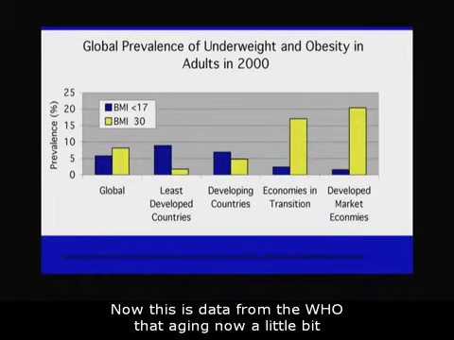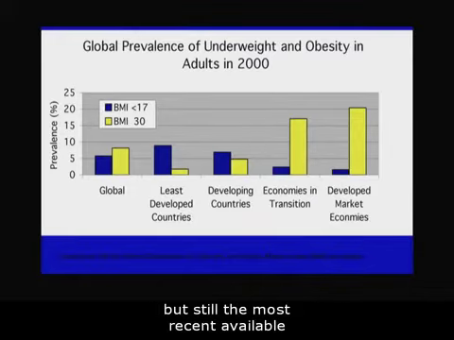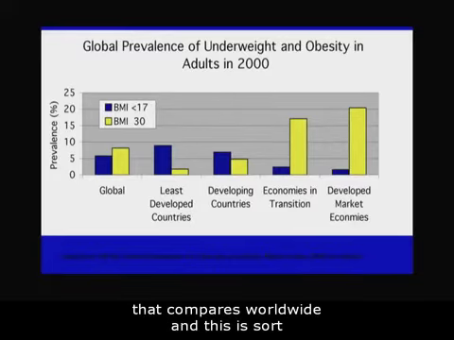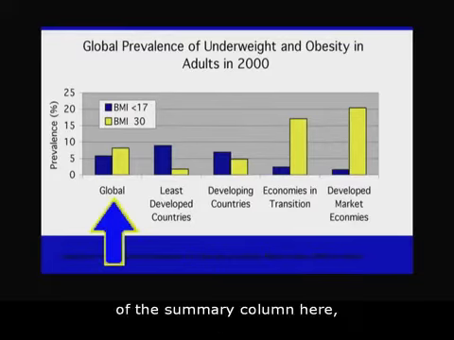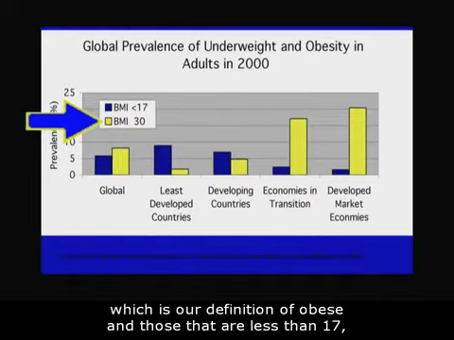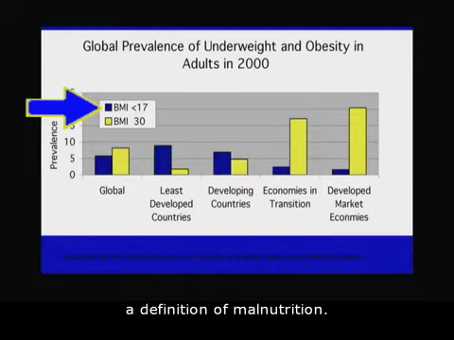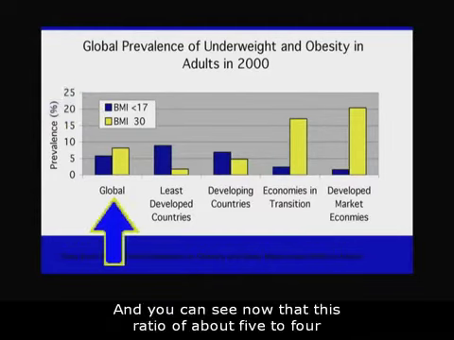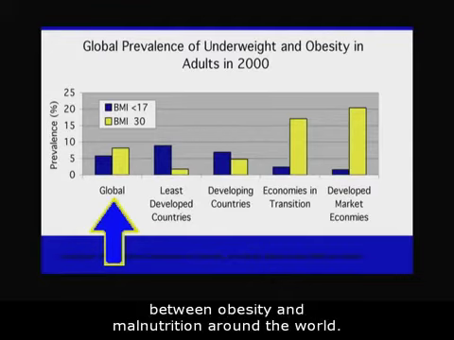Now, this is data from the WHO that, aging now a little bit, but still the most recent available, that compares worldwide, and this is sort of the summary column here, the number of people with a body mass index 30 or over, which is our definition of obese, and those that are less than 17, a definition of malnutrition. And you can see now that there's a ratio of about 5 to 4 between obesity and malnutrition around the world.